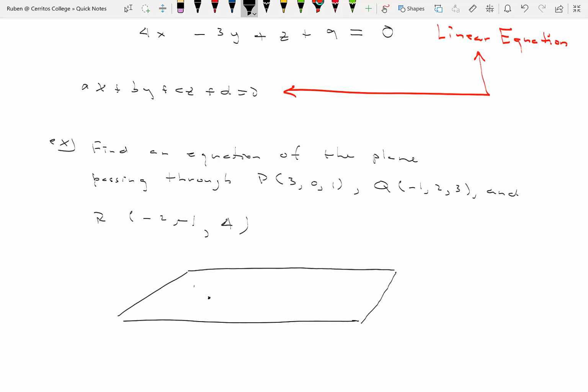If I know a point P, a point Q, and a point R, first of all, do 3 points determine a plane? Absolutely. 3 points that are not collinear, non-collinear points, definitely determine a plane.